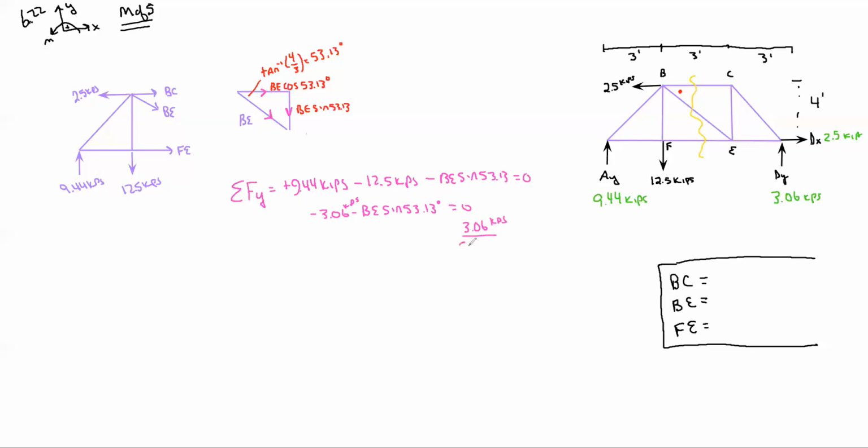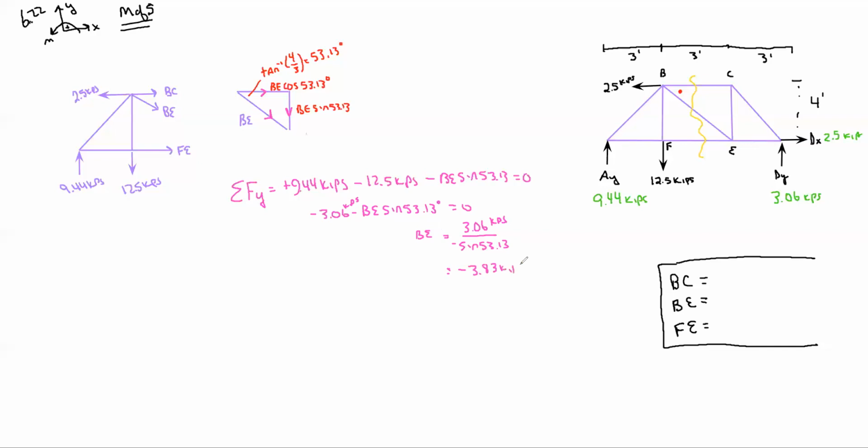Add 3.06 to both sides. Divide both sides by sine 53.13, and we get negative 3.83 kips.